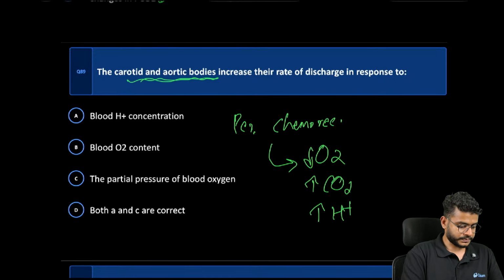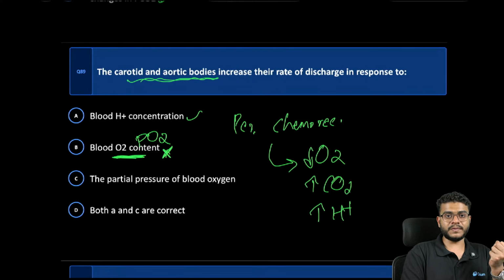So blood H plus concentration is correct. Blood O2 content is wrong. Why? Not O2 content, but PO2, or the dissolved oxygen.